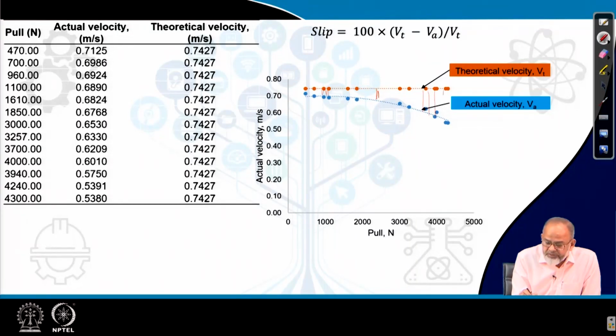As we increase pull towards the higher side, there will be more and more slip. So, now how to find out that slip? If I know the theoretical velocity and the actual velocity, then theoretical velocity minus actual velocity, divided by theoretical velocity, into 100, will give you the slip in percent. So, that way you have calculated slip.